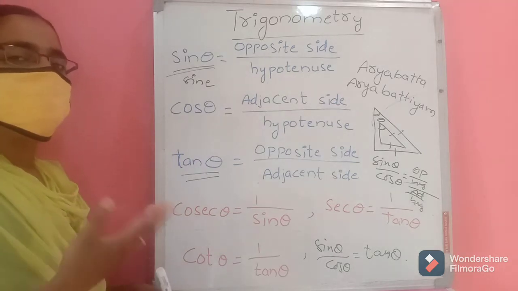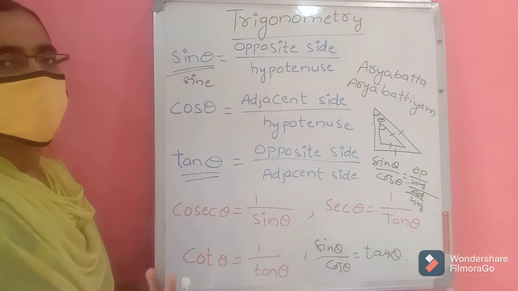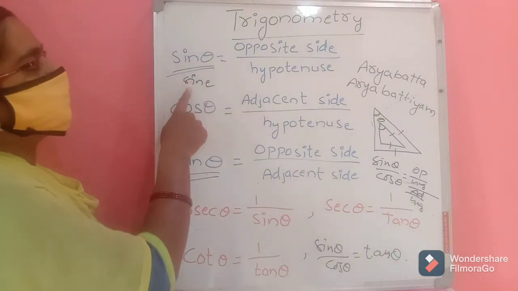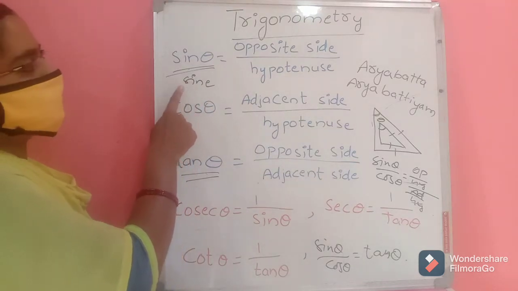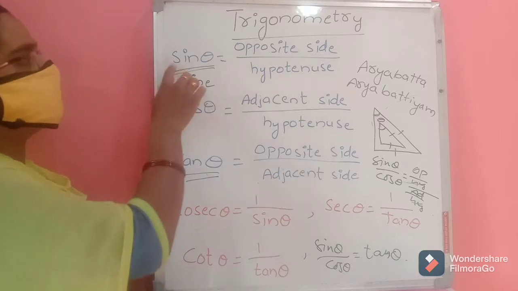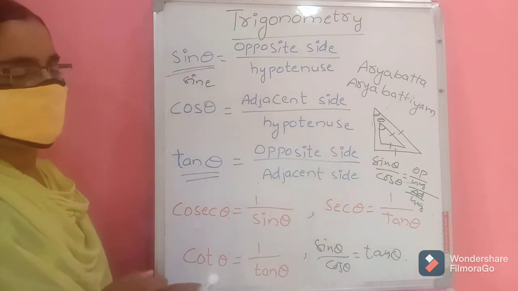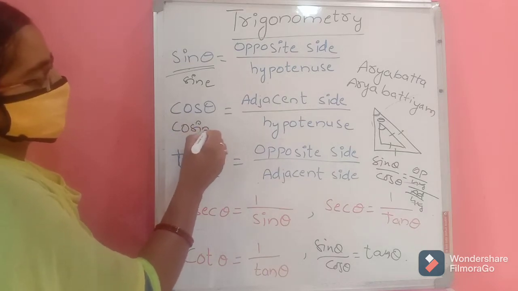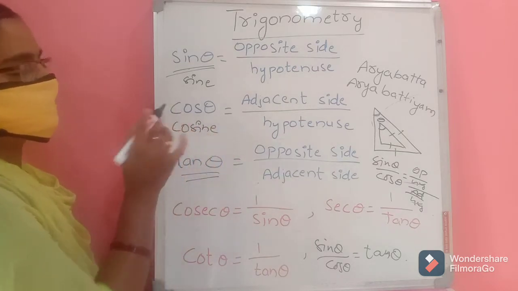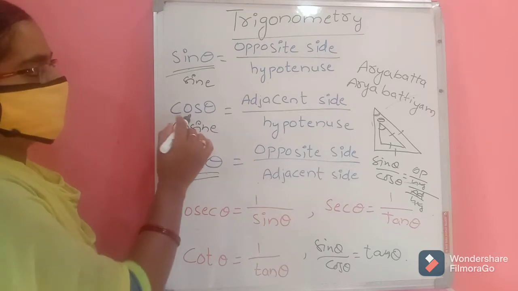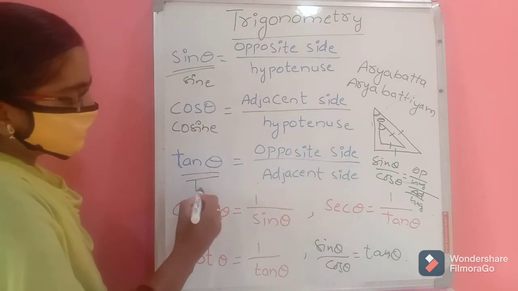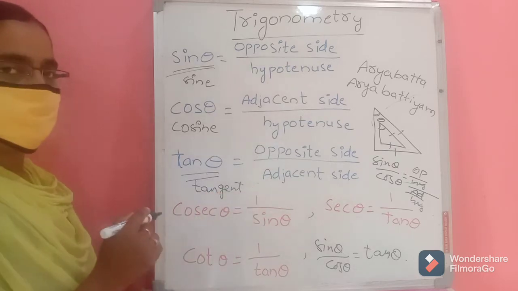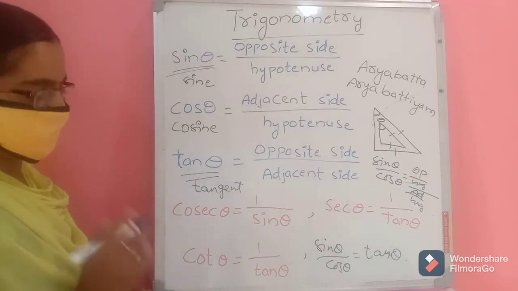Next it turned into Ja, then Jiva, and depending on languages, finally it changed into sine, S-I-N-E. That we simply write as sin theta. Next is cosine, simply we call it cos. Tan means tangent, simply we call it tan theta.